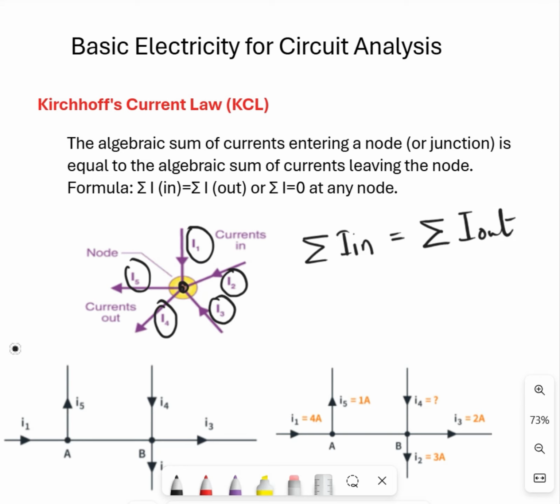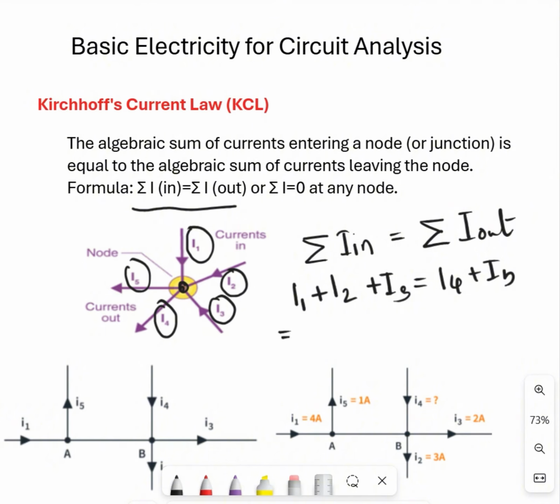I in means I1 plus I2 plus I3, the total entering current, these three, which is equal to I out, so I4 plus I5. That is saying here I in is equal to I out.